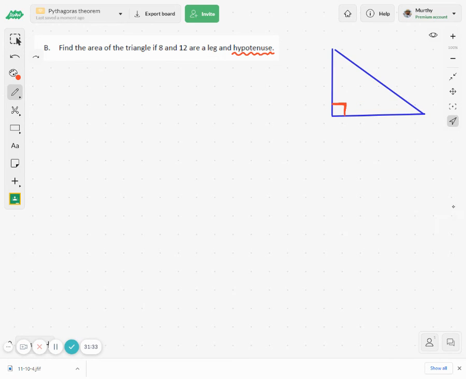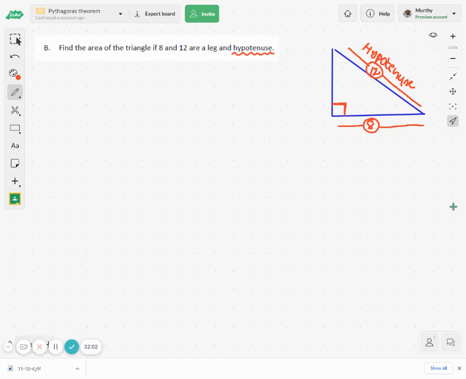Therefore, here hypotenuse is 12. One leg can be base or it can be perpendicular, so you can take one of them, it doesn't matter. So let me take one of the legs as 8 units here. Don't forget, this is the hypotenuse, the longest side, the side opposite to 90 degrees.